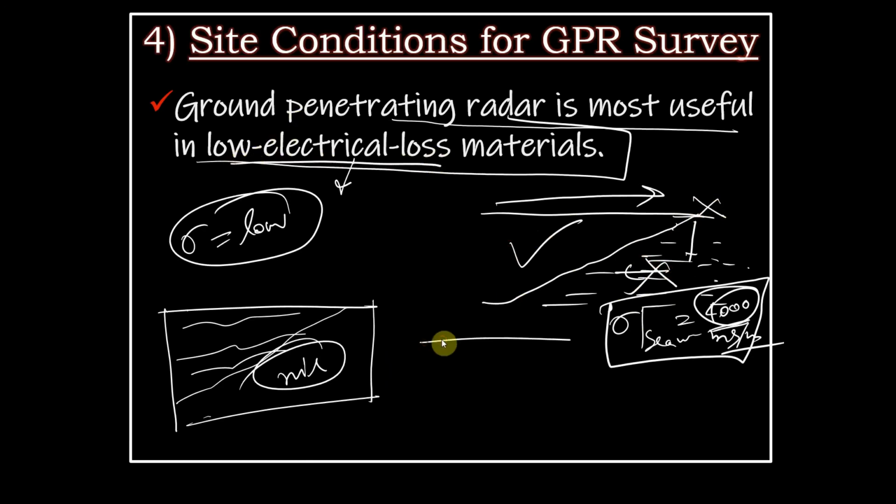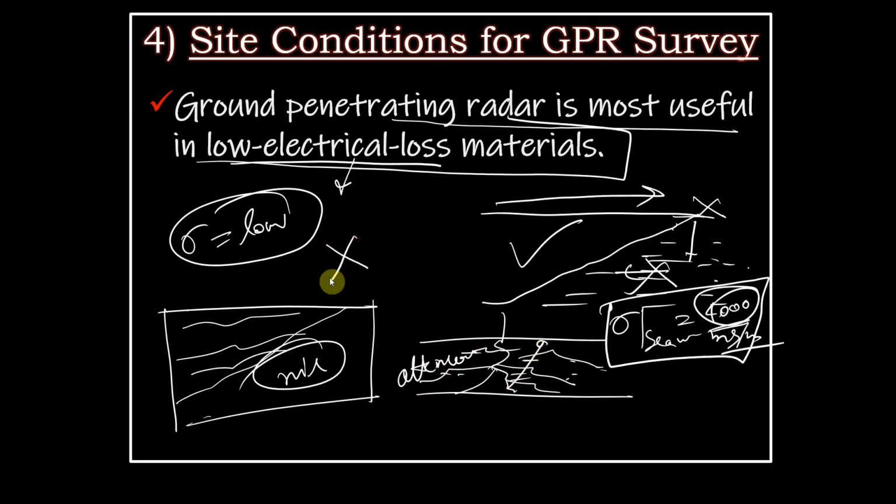What will happen if the upper layer is saltwater or seawater? Almost all the signal will be dispersed and attenuated. So there will be no reflection back from the surface, and no information. You will avoid the survey if the top layer is saturated with seawater. It does not work if the top layer is saturated with any kind of water.